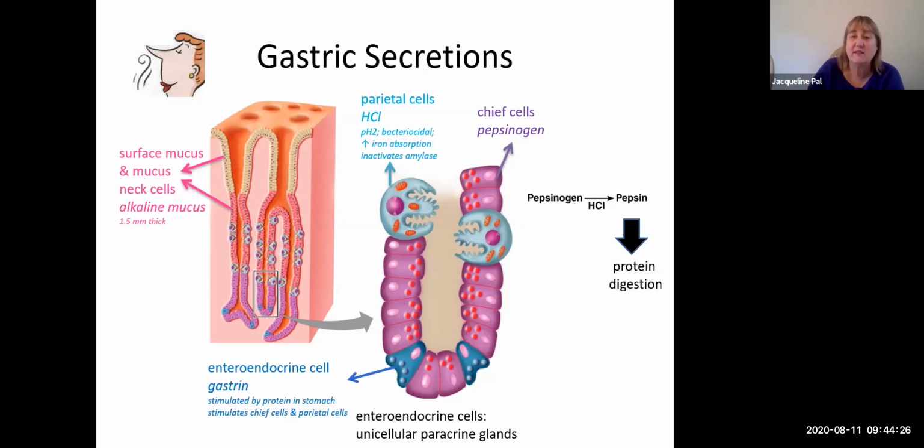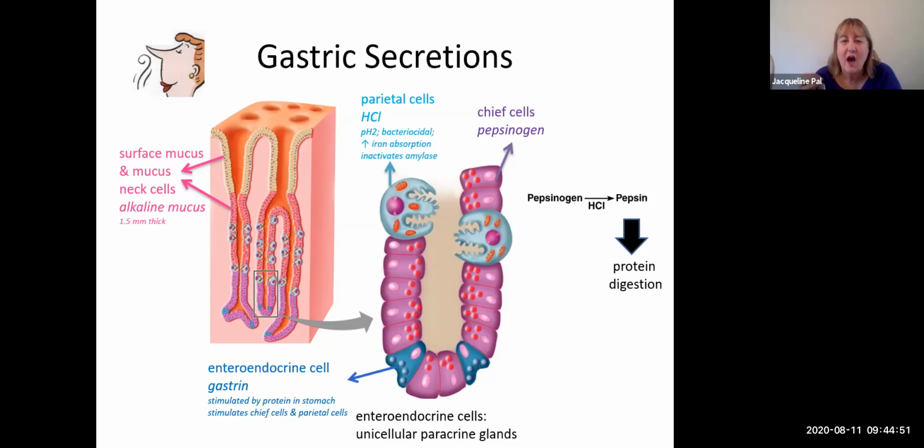Gastrin makes our friend the chief cell secrete pepsinogen, and it also makes our parietal cells secrete the hydrochloric acid, which then can act on the pepsinogen to form pepsin, which then can digest the protein that started this whole process. And isn't this a beautiful little concept map loop? Yeah, it really is.